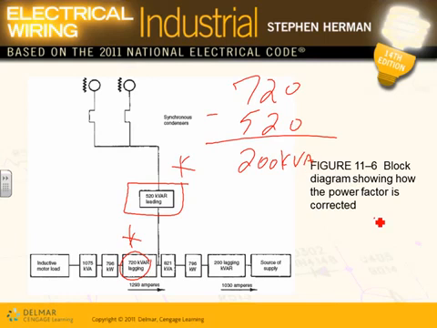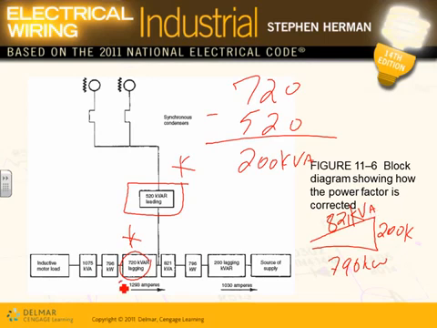Now my triangle that I need to draw here has 200 kVAR and still has the 796 kW, and that will get you 821 kVA. So that's how they do it. Derek, look at this.